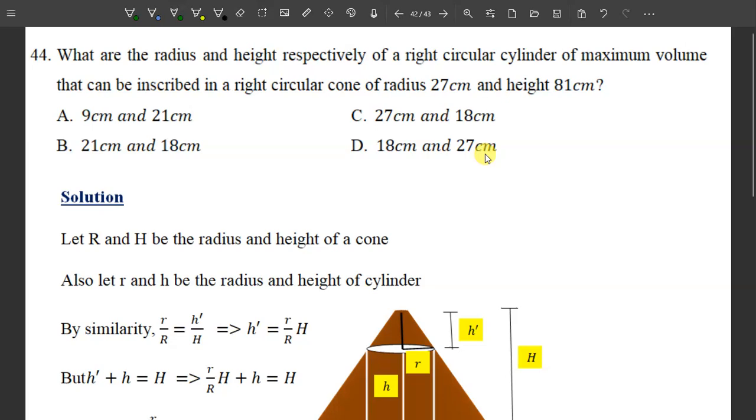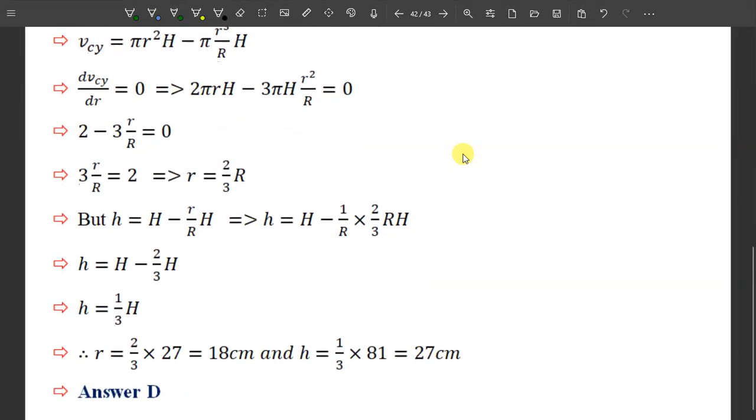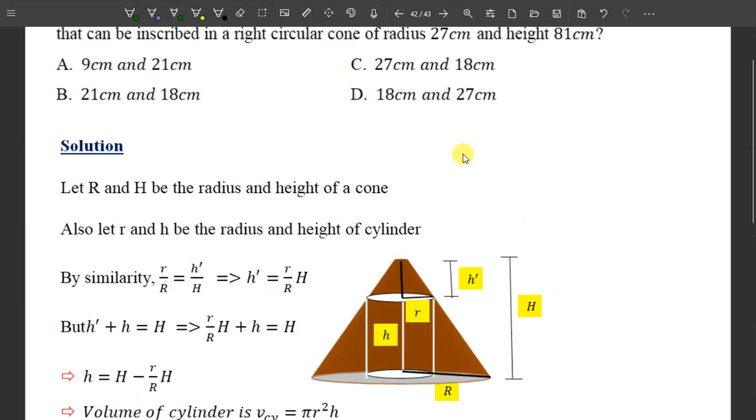For the volume of the cylinder to be maximum, its dimensions must be respectively a radius of 18 centimeters and a height of 27 centimeters. That will answer this question, and the answer is therefore D.